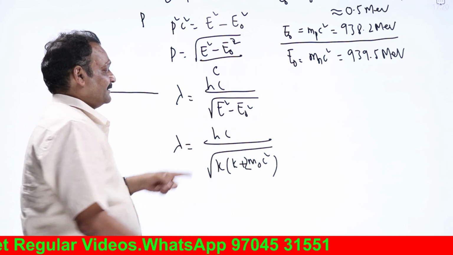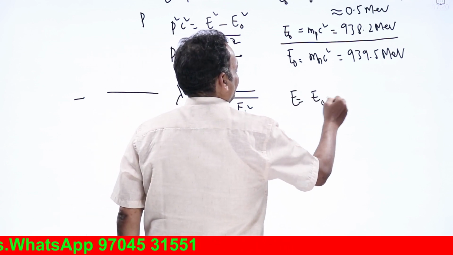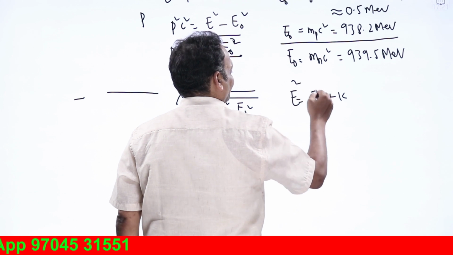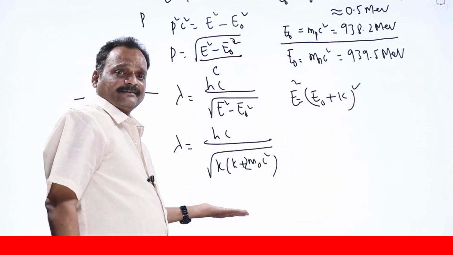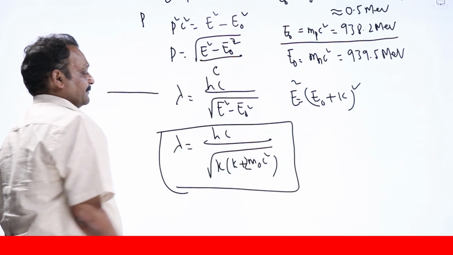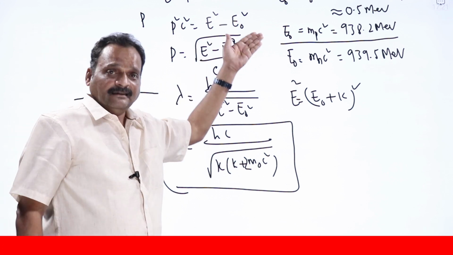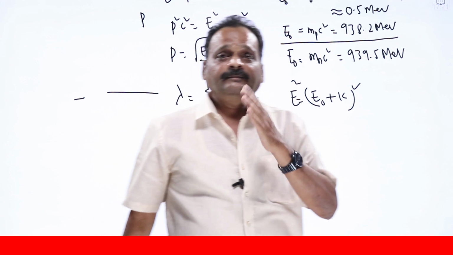Total energy is nothing but rest mass energy plus kinetic energy, so E square equals E naught plus K whole square. Substitute that here and you'll get this one. This is the expression for the de Broglie wavelength of a relativistic particle, which we have used in the earlier one or two problems. So this is about the de Broglie concept.